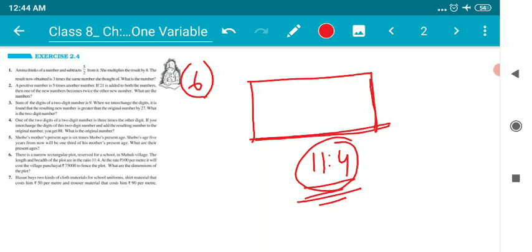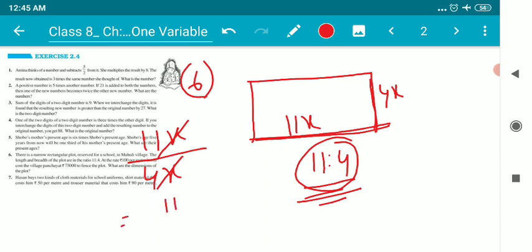So children, we can simply take the length as 11x and breadth as 4x. Now the question is, sir, how? Why x only? Why 11x and why 4x? As the ratio is 11:4, the actual values will be 11x and 4x, because if I write 11x and 4x, this x and x can be reduced.